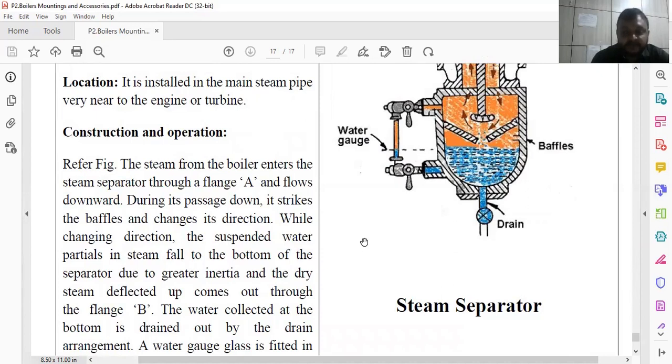Three important boiler accessories were discussed, whereas boiler mountings include the pressure gauge, water level indicator, blow-off cock or manhole. This is how you can differentiate boiler mountings and accessories. Okay, so this is about the boiler accessories.